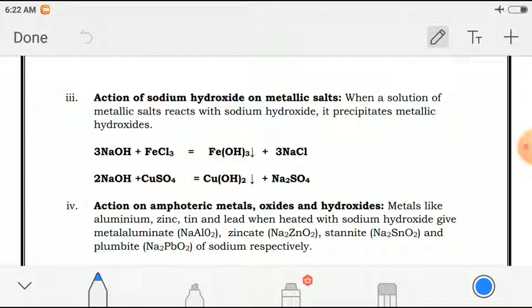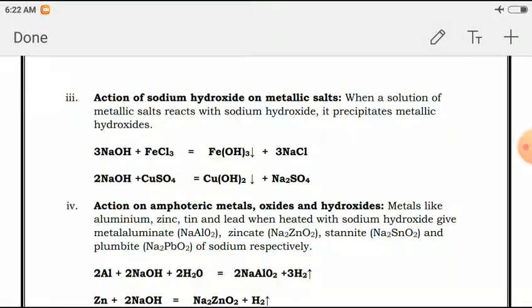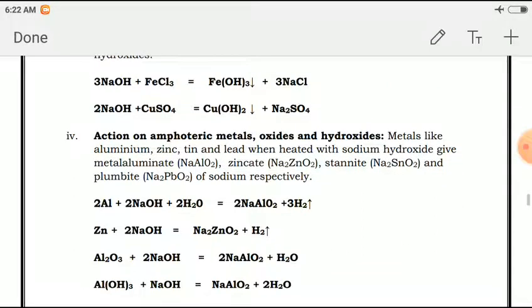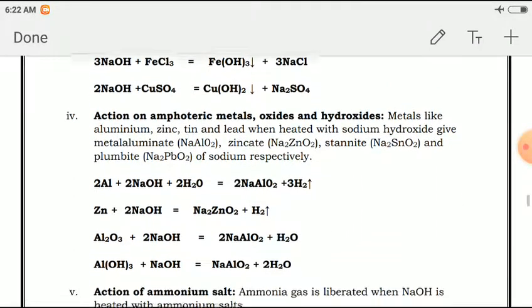Now the action on amphoteric metals, oxides and hydroxides.